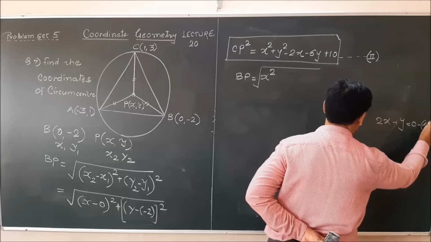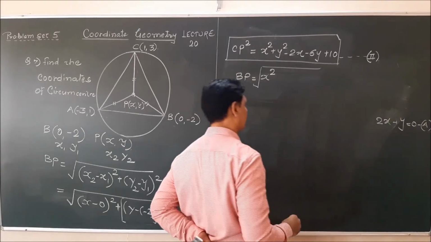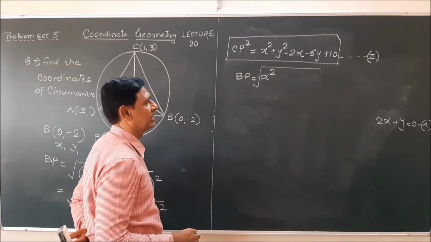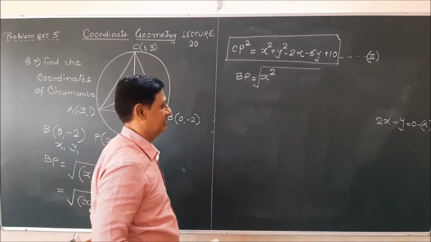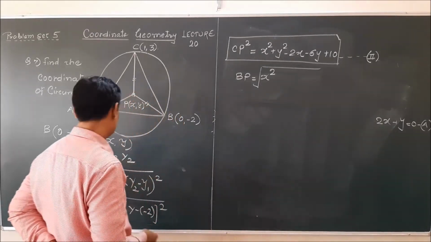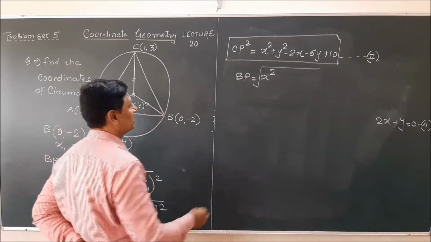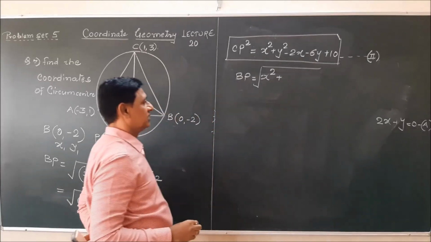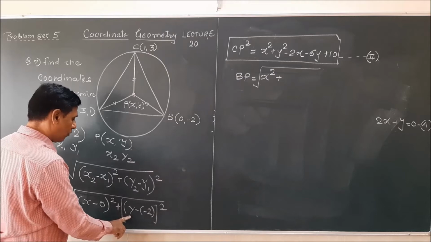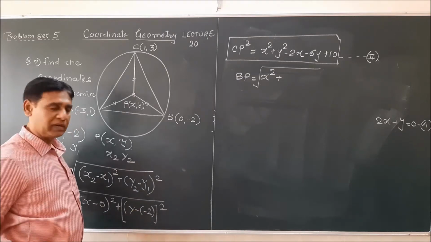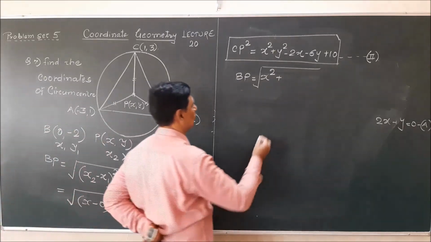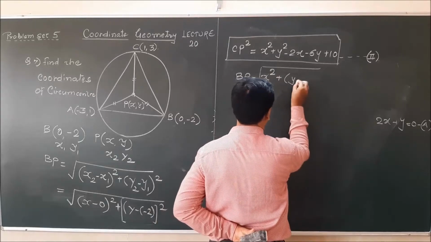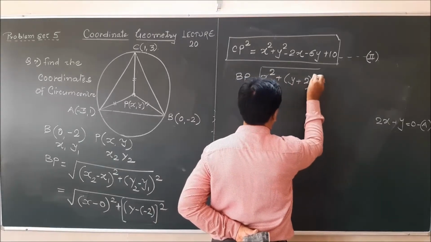Sorry, 2x plus y is equal to 0. That was my result number 1. We will require that at some time. So x square here plus, okay, plus. So you will find here y minus of minus is plus. So y plus 2, y plus 2 the whole square.